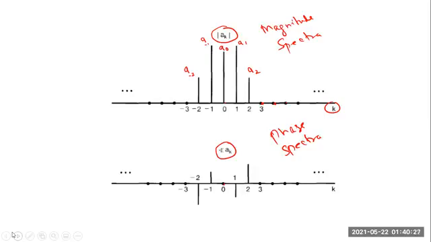Most of the famous scientists of that era were opposed to this idea of Fourier. They were reluctant to accept this idea that all periodic signals will have a Fourier series.